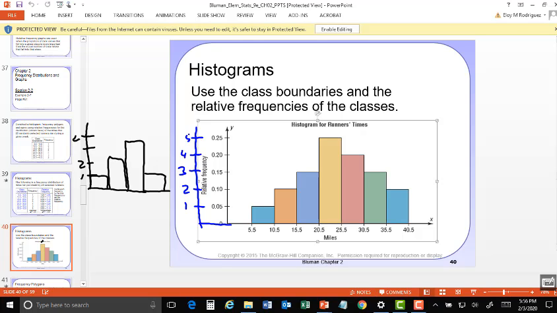And now this is the axis. If you don't look at this, what do you got? Frequency graph. If you hide this, you got the histogram. That's all. Okay? Anybody? No? Okay, we'll try.